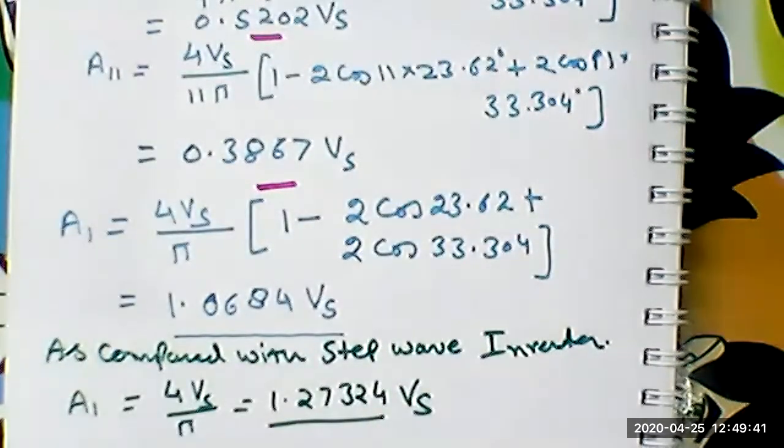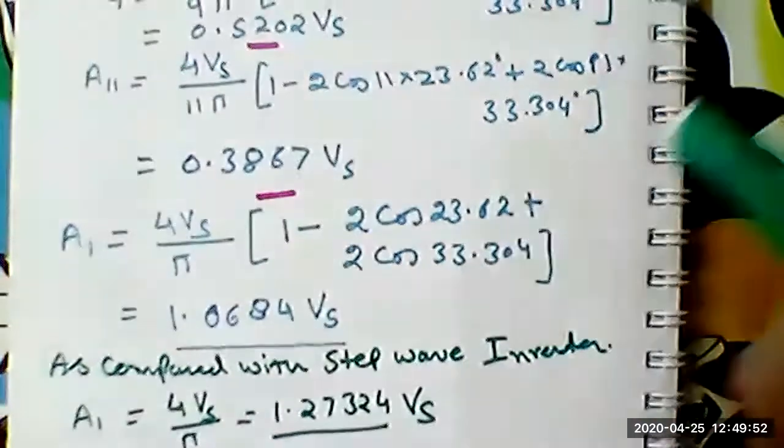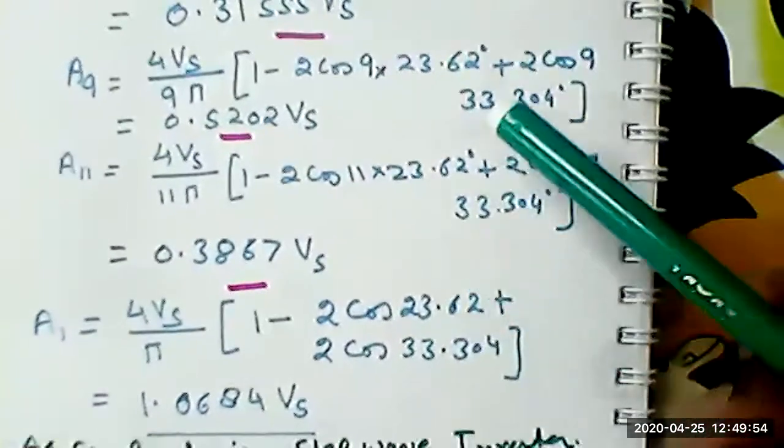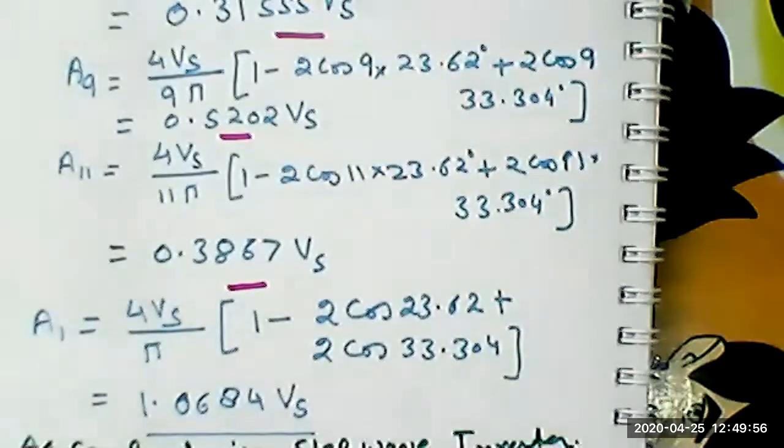Now, in your exam, this type of question may be asked. Suppose one inverter is given and it is being asked, you have to eliminate any particular harmonic, find out the value of firing angle, this alpha 1 and alpha 2, so that these particular harmonics get absent, right?